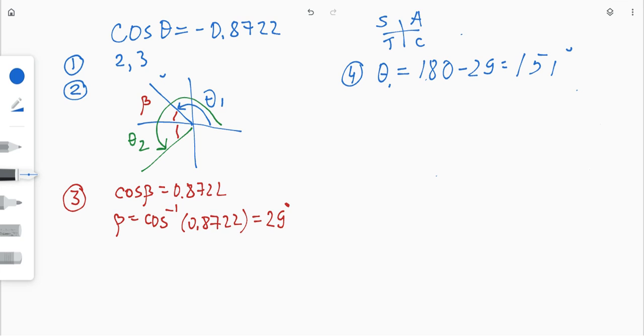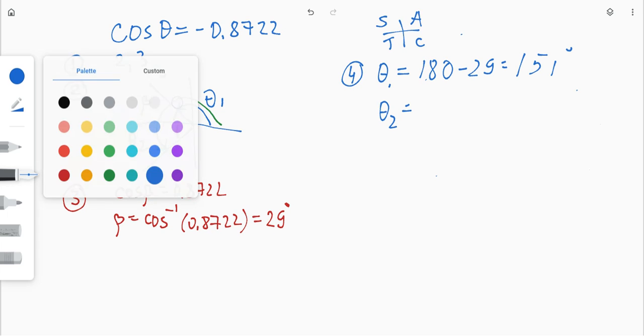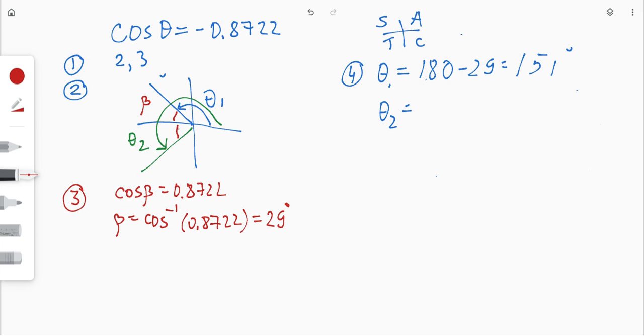Okay? And theta 2 is the angle in the third quadrant. It means that to find it, I have to add related acute, which is this one, this piece of pizza. So if I add it to semicircle, I will get the entire theta 2 angle.